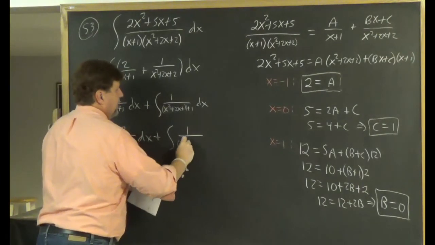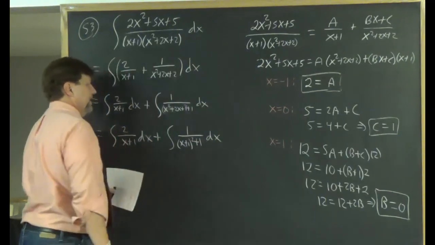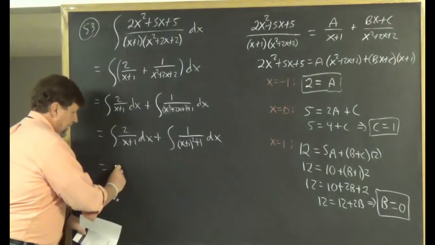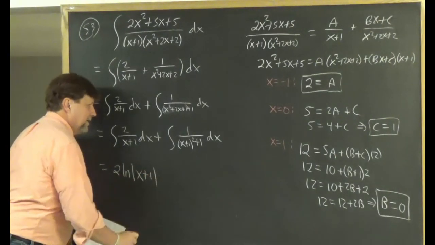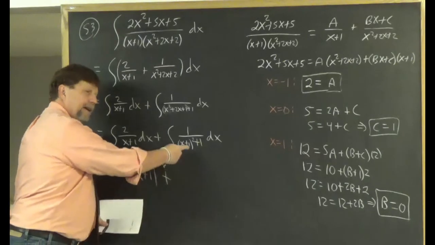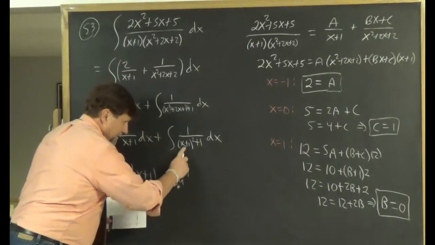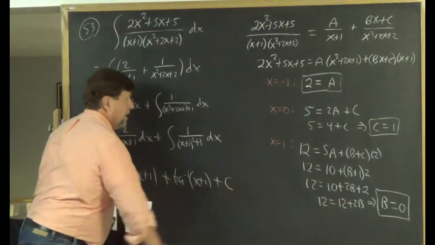It's x plus 1, quantity squared plus 1. So an old technique that we learned earlier in this section. And so we just finished it off real quickly. 2 natural log absolute value of x plus 1 plus inverse tangent of x plus 1 plus c.